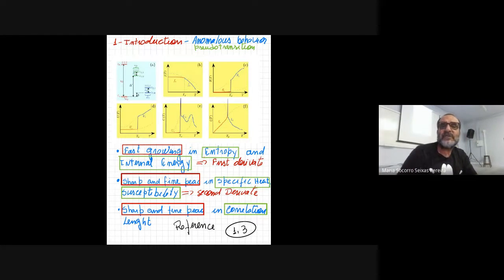But entropy is associated with the first derivative, internal energy with its first derivative, and specific heat and susceptibility are associated with the second derivative. But if we look at the correlation length, we have the same behavior, but we don't have a derivative. What's important in this case is the distance between eigenvalues of the transfer matrix.